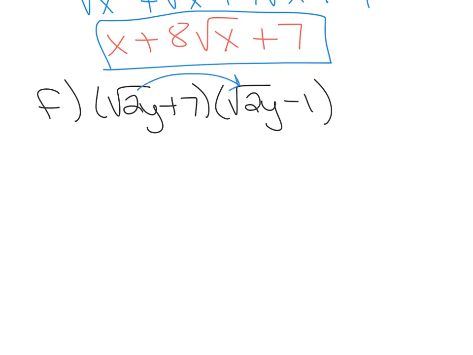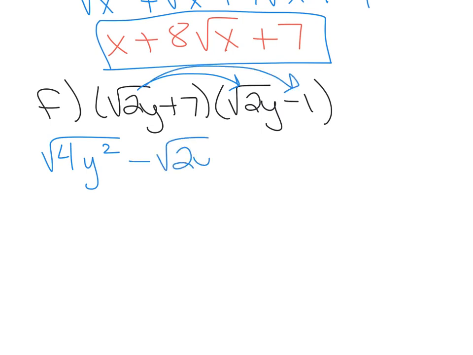The square root of 2y times the square root of 2y is the square root of 4y squared. 2y times 2y. Square root of 2y times negative 1 is negative square root of 2y. 7 times the square root of 2y is 7 square root of 2y. And then 7 times negative 1 is negative 7. And then, of course, we're going to combine like terms.